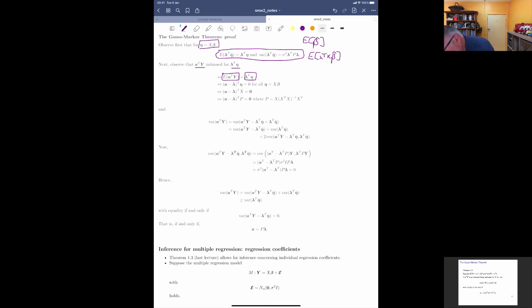Well, this is going to be A transpose the expected value of y, which is A transpose x beta by definition. So I can substitute that in, which is obviously A transpose eta. I can substitute that in and then bring this across and rearrange, and I get this.